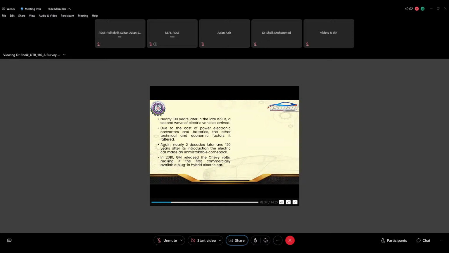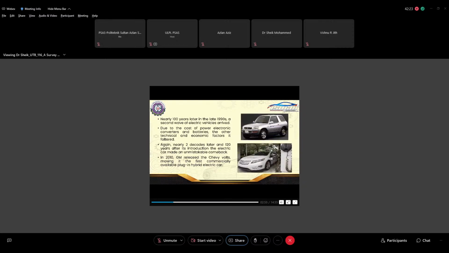However, over time, due to various reasons, the cheap availability of fuel and the low cost of internal combustion engine based vehicles, it was swept out from the market. Nearly after 100 years, in the late 1990s, the second wave of electric vehicles arrived. What you are seeing at the right top is Toyota's electric car, which was introduced sometime in the late 1990s.